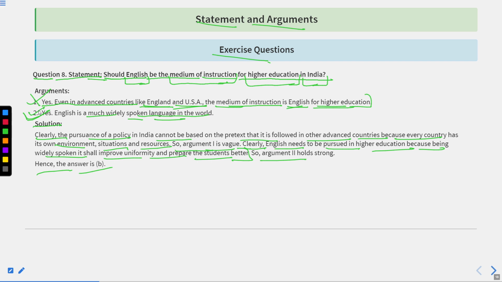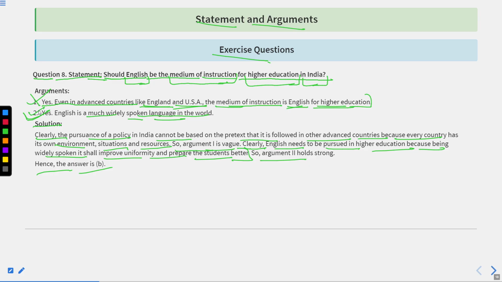I'll give you an example so that you can understand in a much better manner. There is a statement that is being given. I'm so sorry. The statement says, should smoking be banned in public? This is a question that has been put forward.